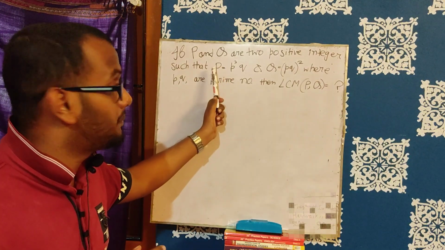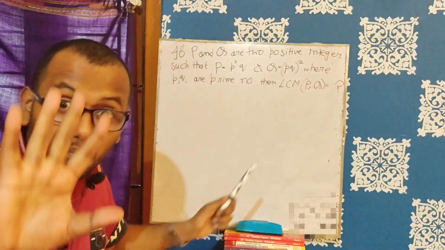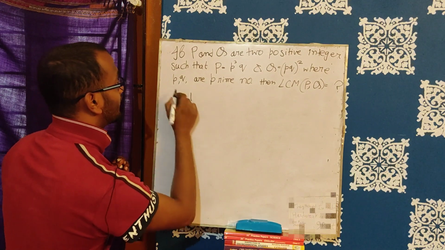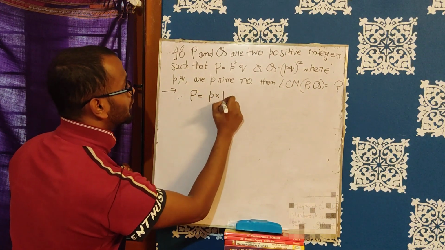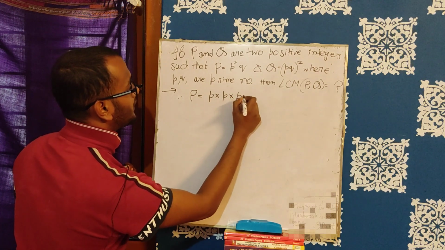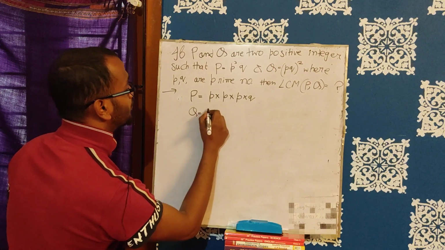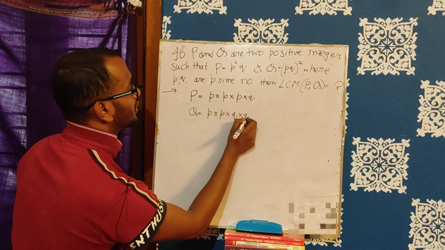That means capital P is equal to small p into small p into small p into q as per given, and capital Q is equal to small p into small p into small q into small q.